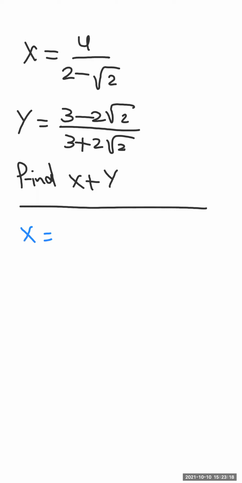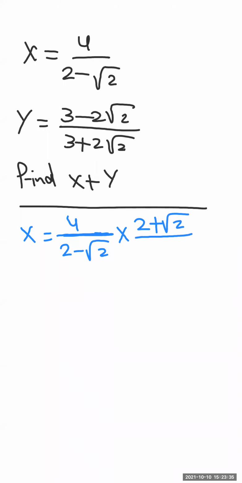To solve this question, first we have to simplify x. So x equals 4 over 2 minus the square root of 2. To simplify this number, I have to multiply it by the denominator's conjugate. The conjugate of 2 minus the square root of 2 is 2 plus square root of 2, so I multiply by 2 plus square root of 2 over 2 plus square root of 2.